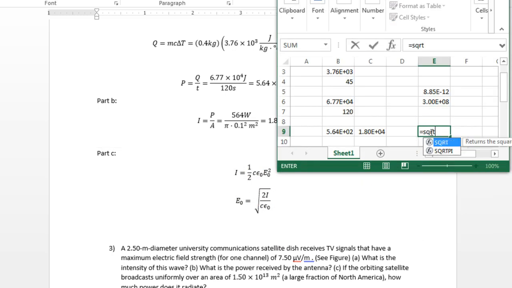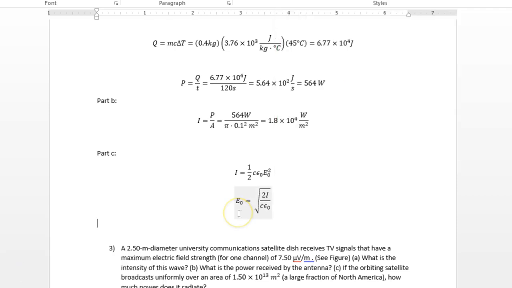So that equals the square root of 2 times the intensity divided by epsilon naught divided by the speed of light. We're just going to go with 3680 volts per meter.